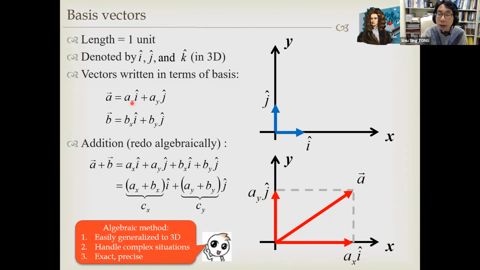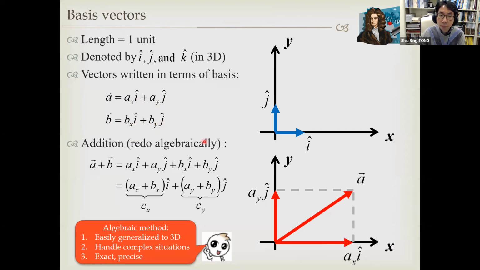So now I can write the original vector as a sum of two vectors. The first vector is in the x direction and the second vector is in the y direction. And the magnitudes of these two vectors are, of course, the components of the original vector in the two directions, so they are Ax and Ay. Okay, and similarly for another vector, I can write Bx i plus By j. This is the vector B.